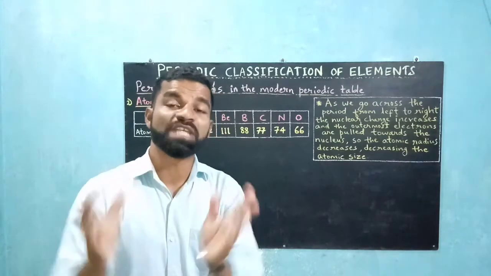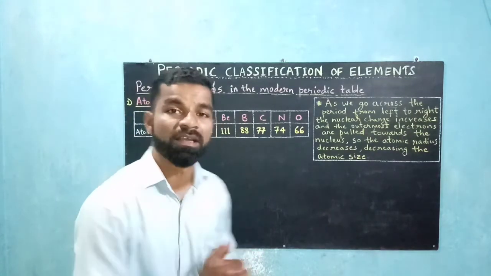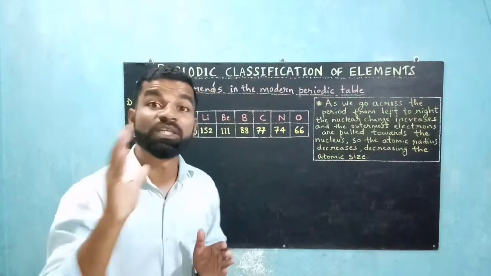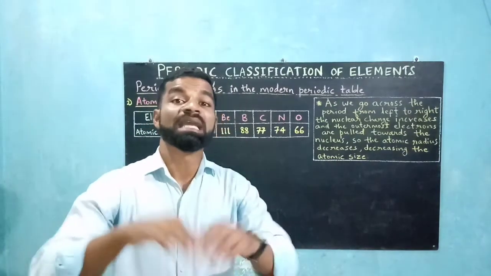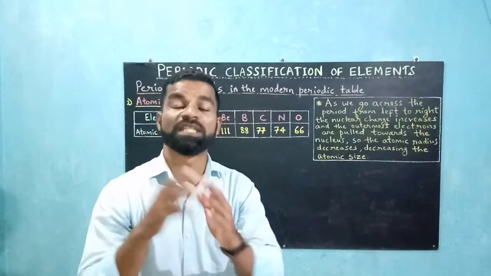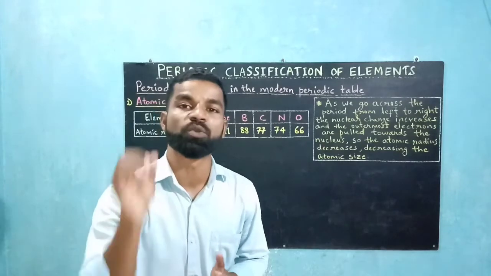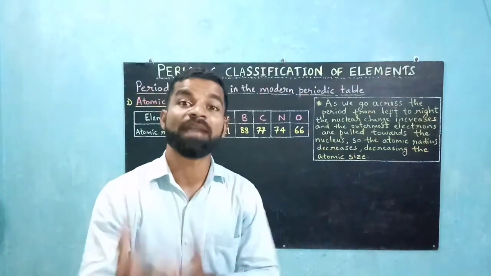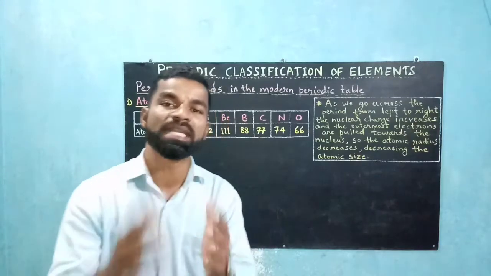So the positive charge on the nucleus increases as we move across the period from left to right. Because of this increased nuclear charge, the electrons, which are negatively charged, are pulled towards the nucleus, and that is why the atomic size goes on decreasing.